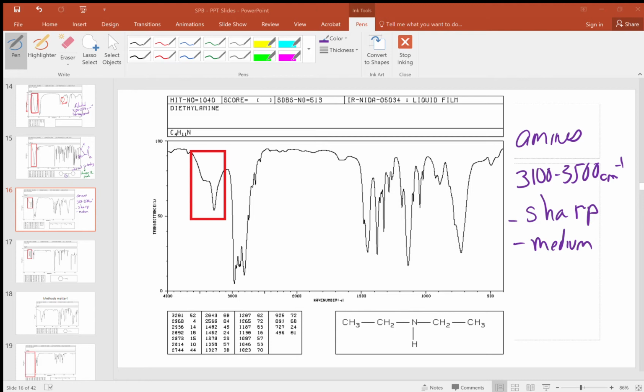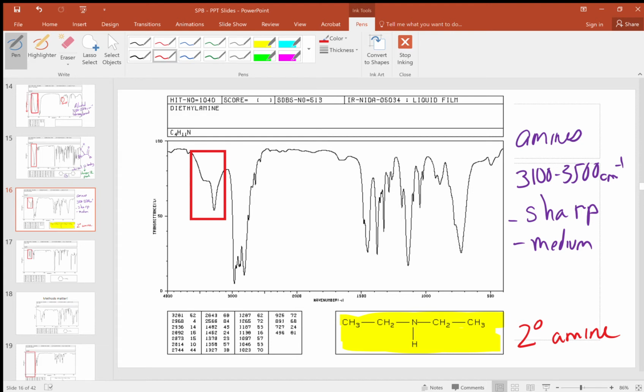But there's actually even more to say about the amine peak. So if you notice, this spectrum is for the compound. The compounds are always pictured down here on these slides. So what kind of amine is this? So this is a secondary amine.